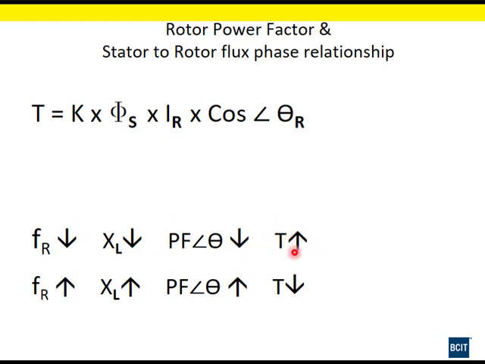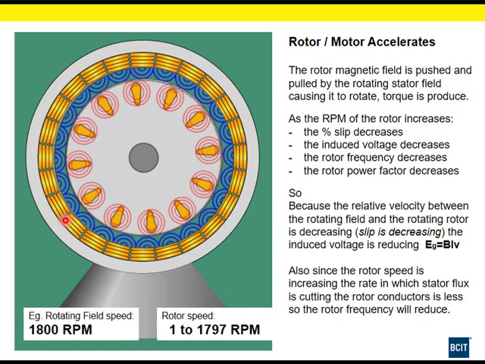Our power factor will go down, which is going to mean our torque is going to go up. And then the opposite is true. As the frequency increases in our rotor, our inductive reactance will go up, and our power factor will go up also, which will reduce our torque, which has a small amount to play with.